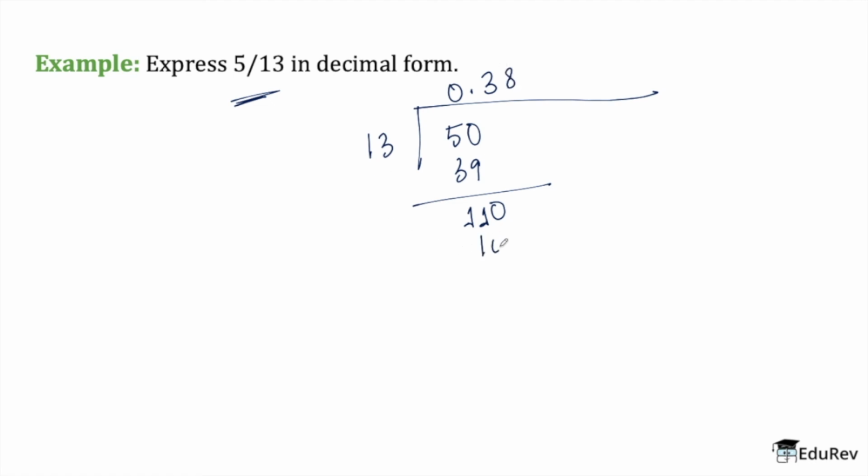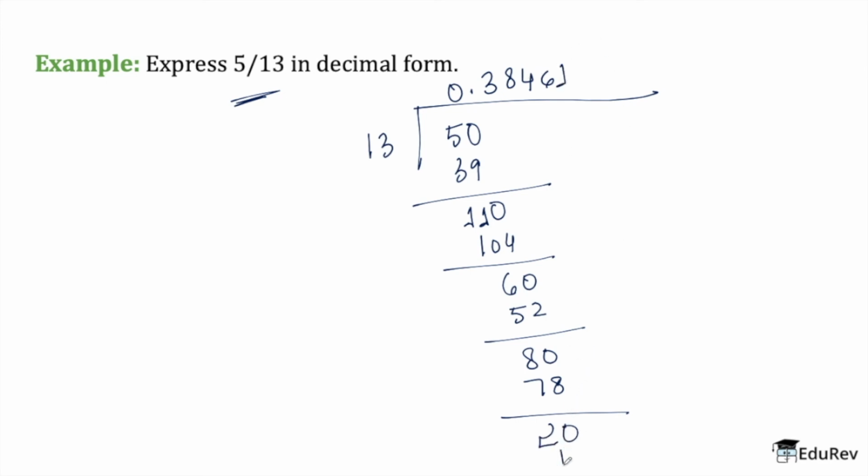So it's going to be 104, then it's going to be 6 and there is a point, so I can put a 0 and then 4 times 52, it's going to be 8. I can again put a 0 and it's going to be 6 times 78 and it's going to be 2. I can again put a 0 and it's going to be 1 times 13.